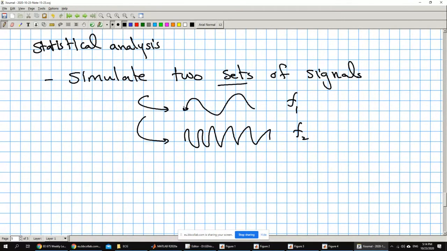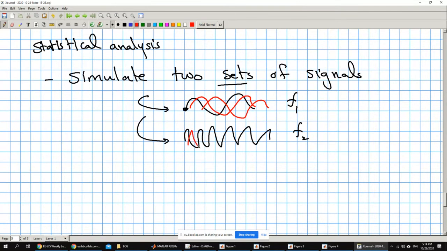So this starting point will differ, because whenever I start sampling will be different between different patients. So you're going to get different phases of this sinusoidal wave. We will have a set of signals that have the same frequency but different phase. This is what we will see in ECG.